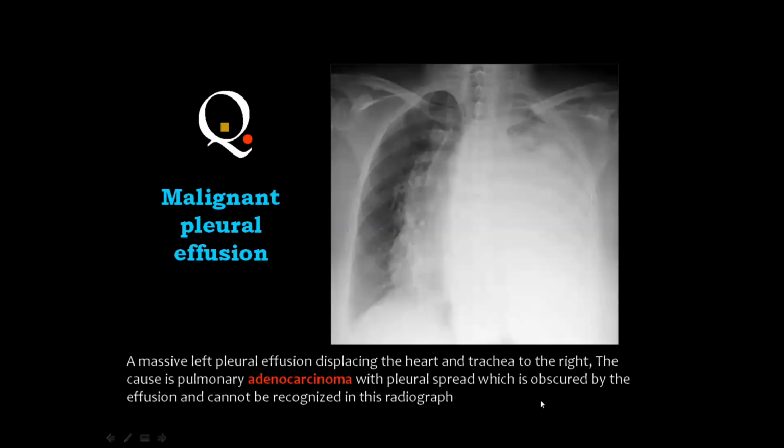And this malignancy may be in the lung, may be in the pleura, or maybe in the mediastinum. But these patients should go for a CT scan to see the malignancy underneath, if it is in the pleura, like mesothelioma or metastasis, or in the lung, like bronchogenic carcinoma, as proved in this case.